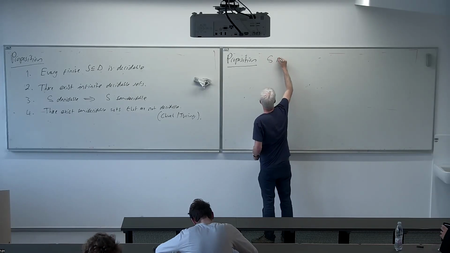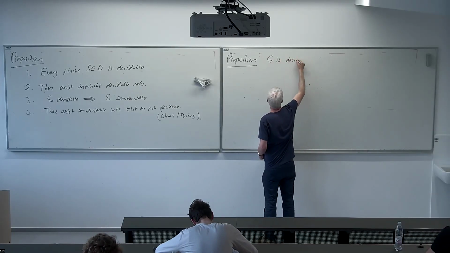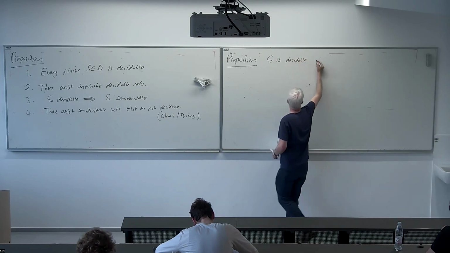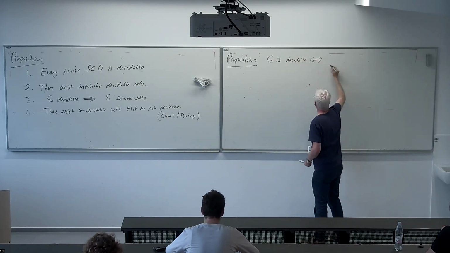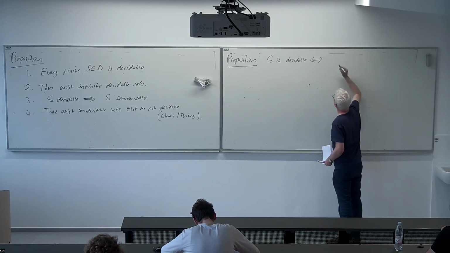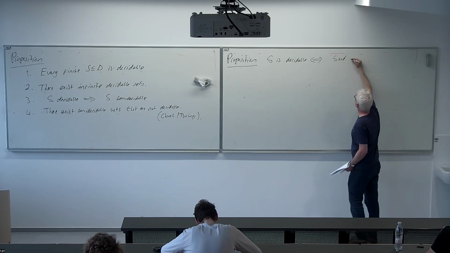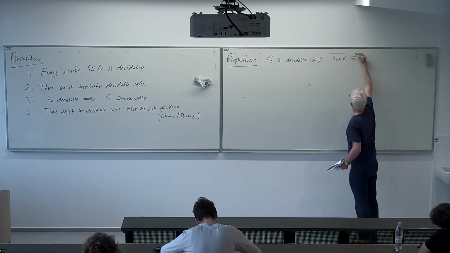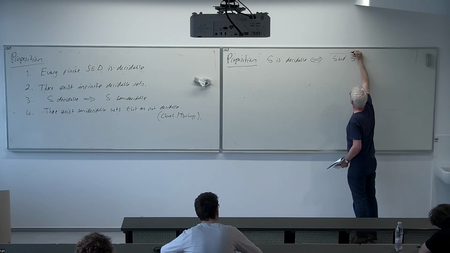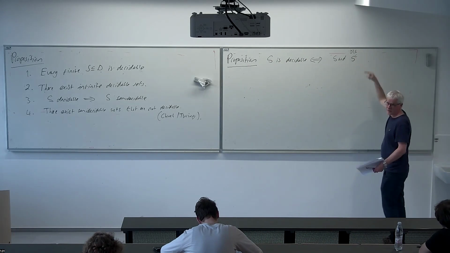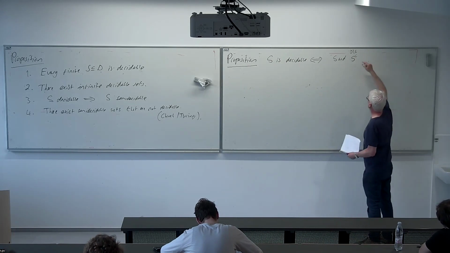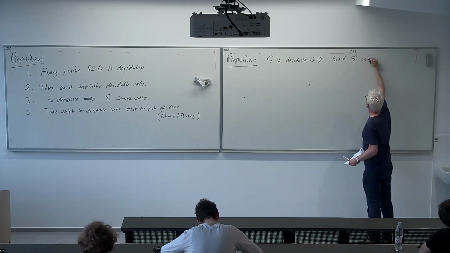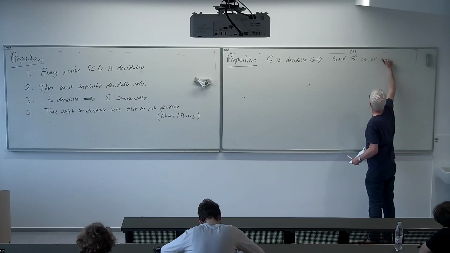S is decidable if and only if both S and its complement, where the complement here is of course D minus S, because D is our surrounding set of all data items, are both semi-decidable.